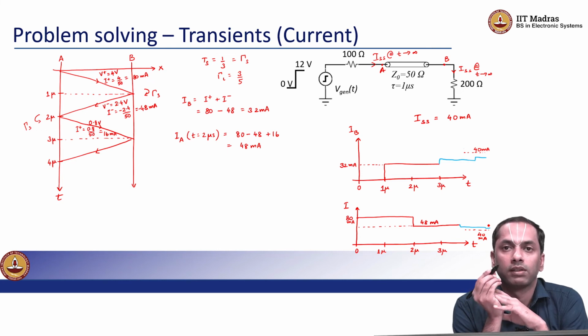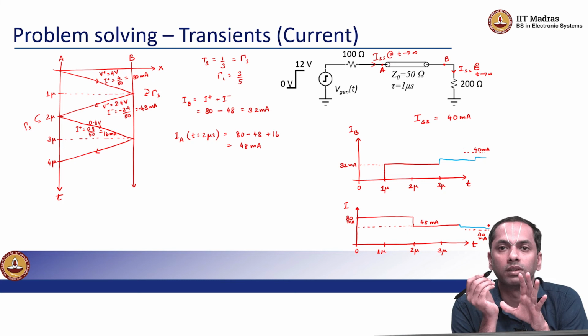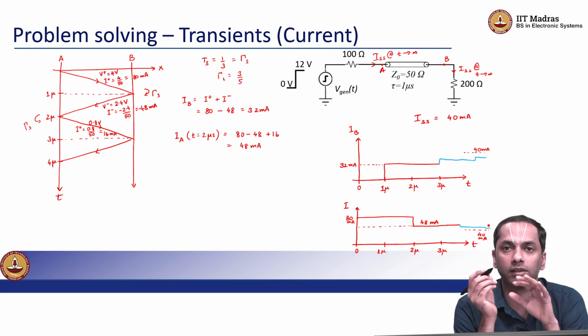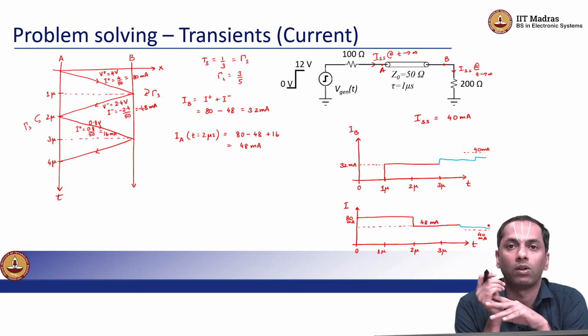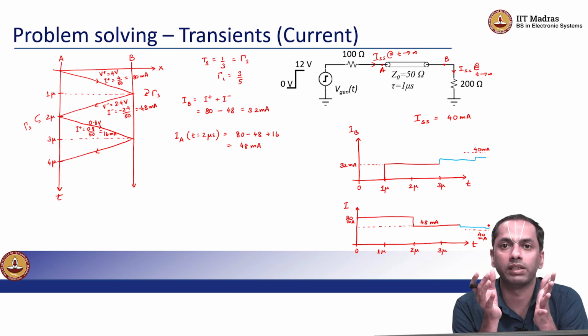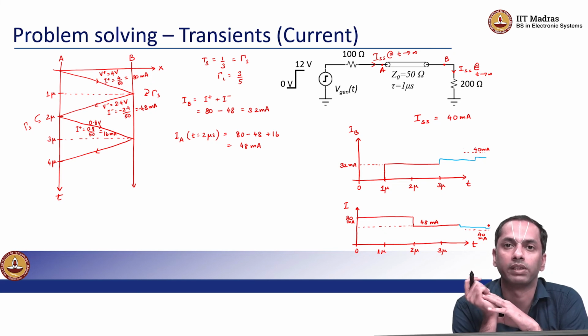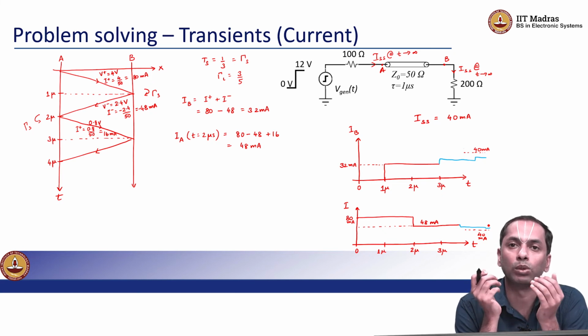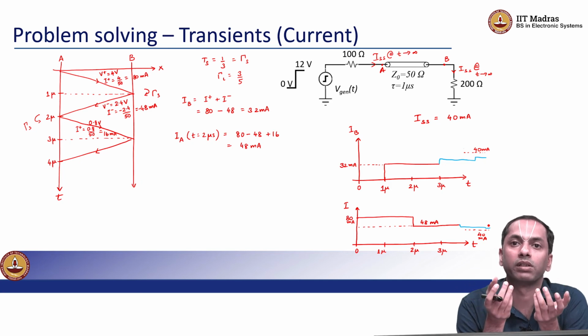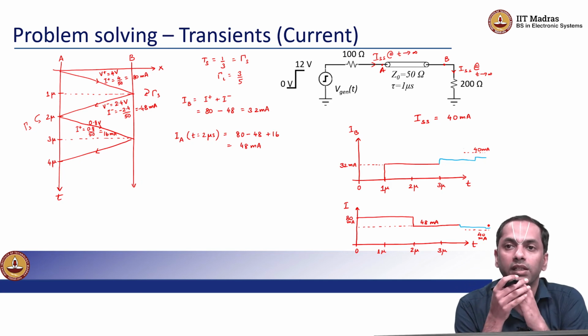So, hopefully this example has given you some clarity on how exactly we use these voltage reflection coefficients both at the source and the load and the transmission coefficients to essentially estimate quantitatively what are the voltages and currents at the input and the load end for all times, right.